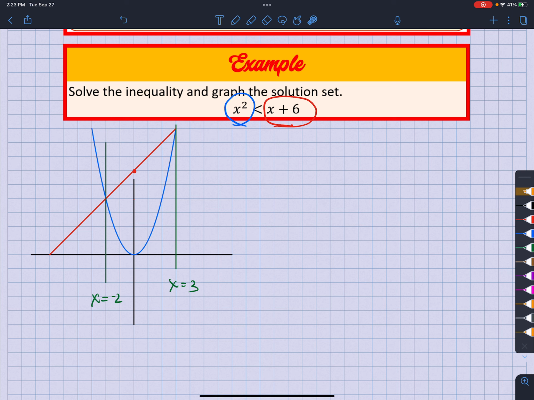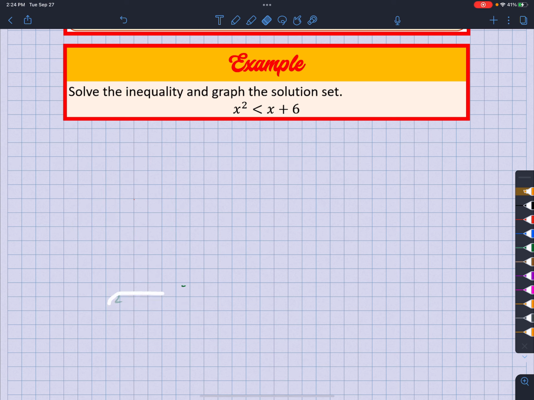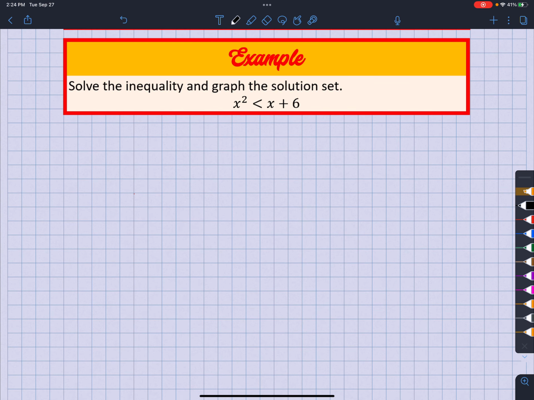You're welcome to do it this way if you can catch on fairly quickly. However, I like to do everything the same, so that we don't get confused as we see different changes. So the way I like to do this is to get everything to one side. Let's compare every single equation with the line y equals 0, which is the x-axis.